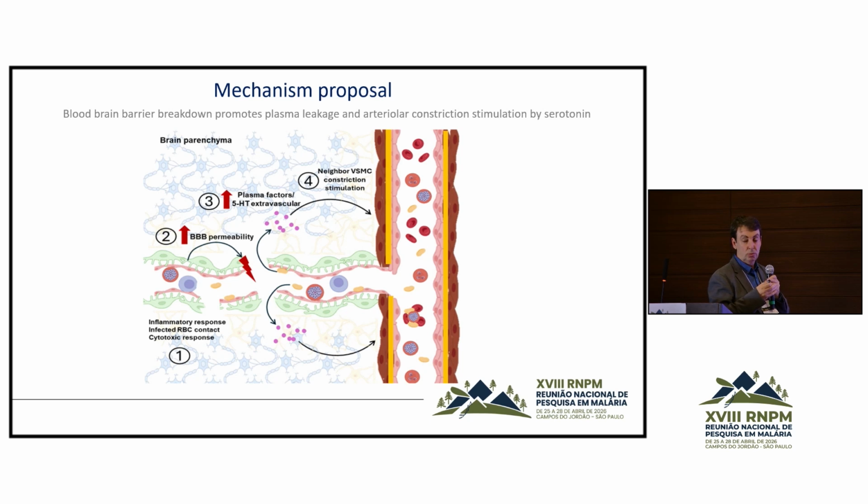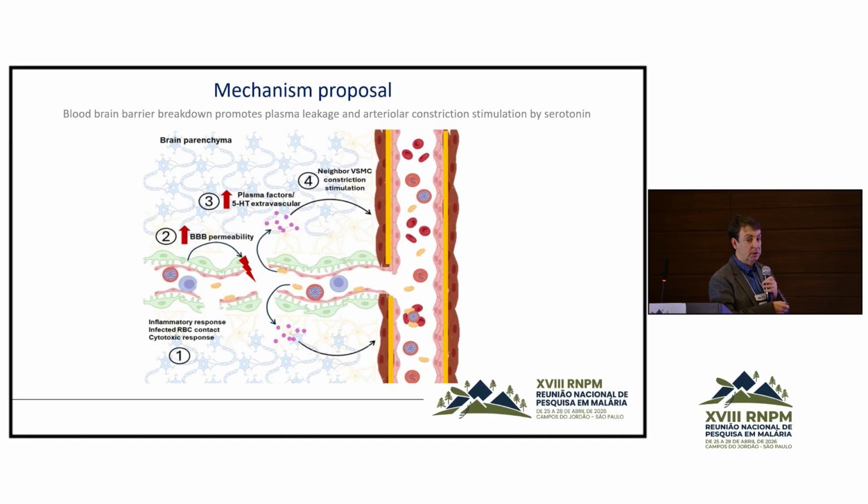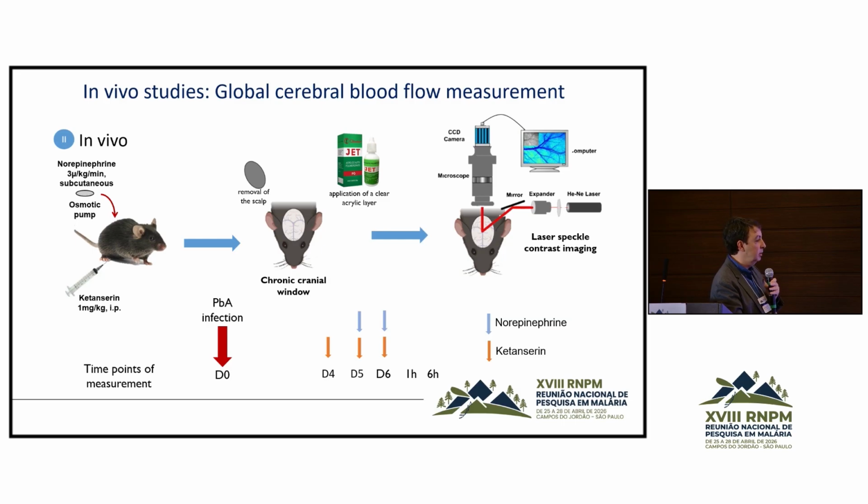If it's broken, the plasma is going to escape, and parasite factors, inflammatory factors are going to produce several changes, and one of the possibilities is that it's going to take this to this constriction process that is going to prevent the supply of blood to the brain, and that would make the case more severe.